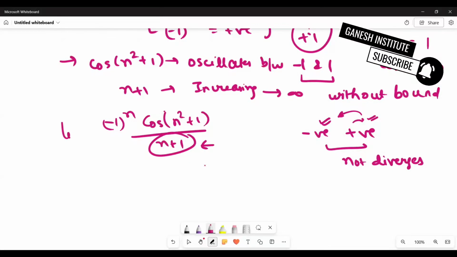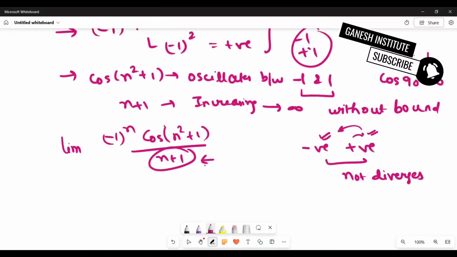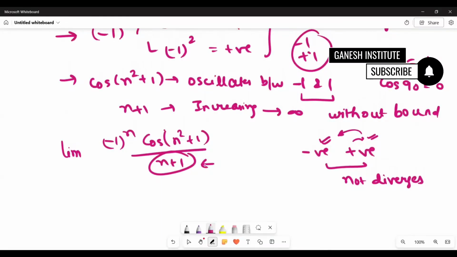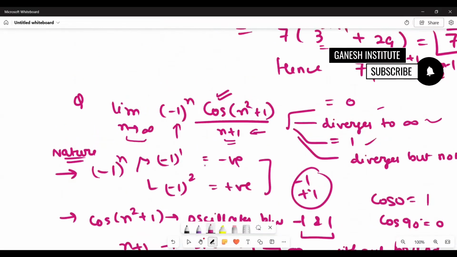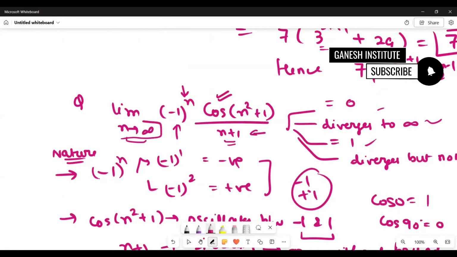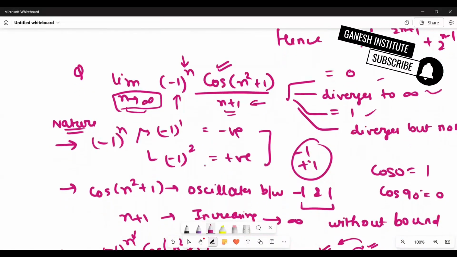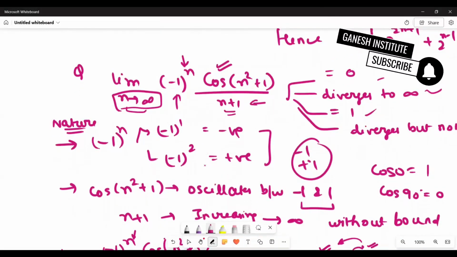How do you know it's -1 to the power of n? This is in the question. Okay. But then it goes to -infinity and positive infinity, right? It is n tends to infinity.